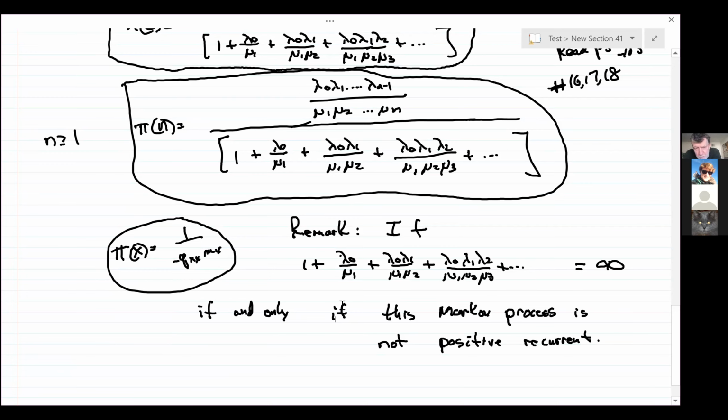Okay. And how do we know that? Well, again, if the infinite series goes to infinity, then we already saw there is no unique stationary distribution. If there is a unique stationary distribution, we solved for it. And in the case that this infinite series diverges, all the pi's turn out to be zero, which means it can't be a distribution.